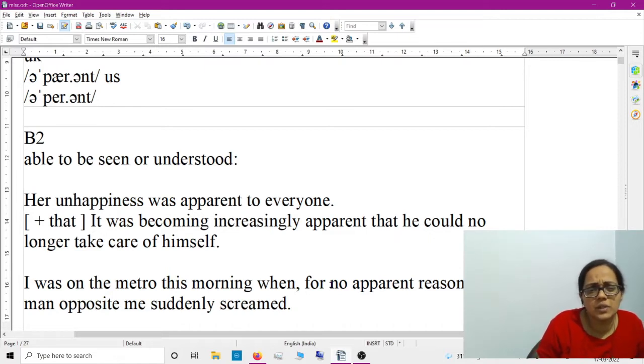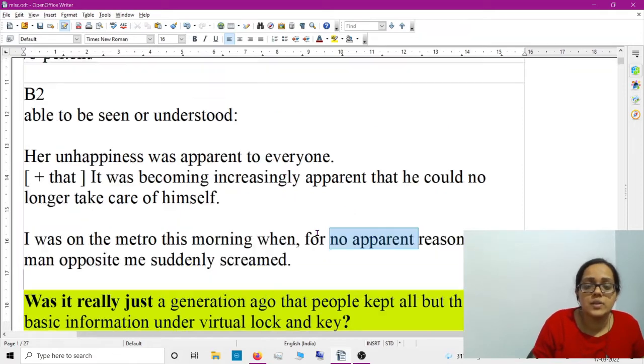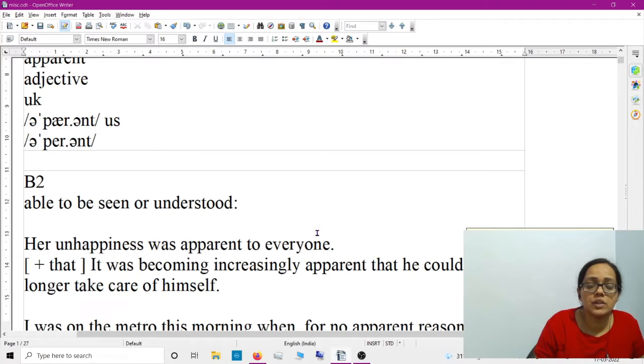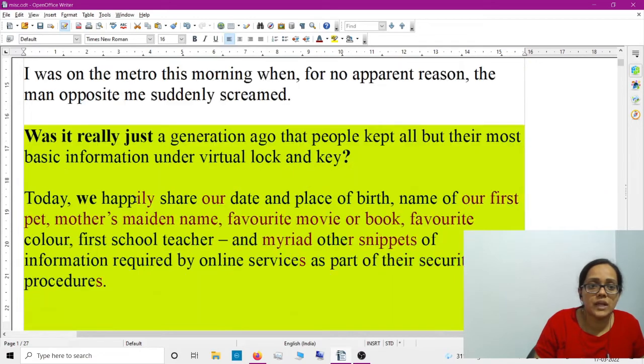There is no particular reason, no clear reason. Just think of clear or understood as a synonym. So when we are learning new vocabulary, try to keep in mind that you have to use it. It's not very difficult vocabulary, it's around band 6 vocabulary.